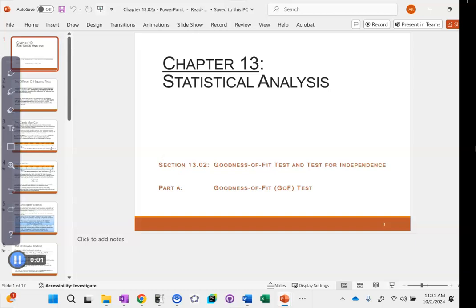And then the alternative is always, it doesn't match, or the known distribution is not correct. All we're doing is adding the word not into the alternative. They're the easiest two hypotheses to write because you don't have to think about it.